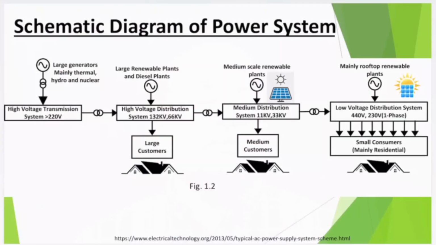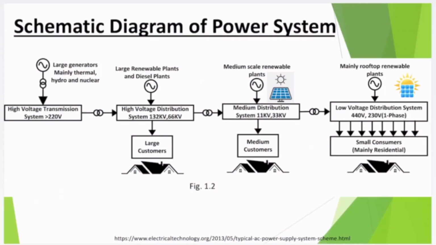Renewable power plants, especially solar, are integrated at 11 kV. If they are very large power parks or solar parks, they can also be integrated at 33 kV. Then the energy flows to customers. We can have residential rooftop, where an extremely low voltage distribution system can also accommodate solar rooftop power plants.